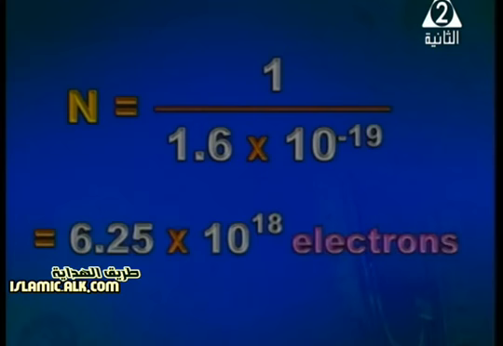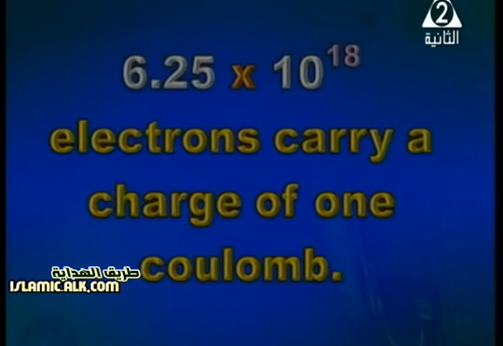Actually, it is 6.25 times 10 to the power of 18 electrons. So once again, 6.25 times 10 to the power of 18 electrons carry a charge of 1 coulomb.